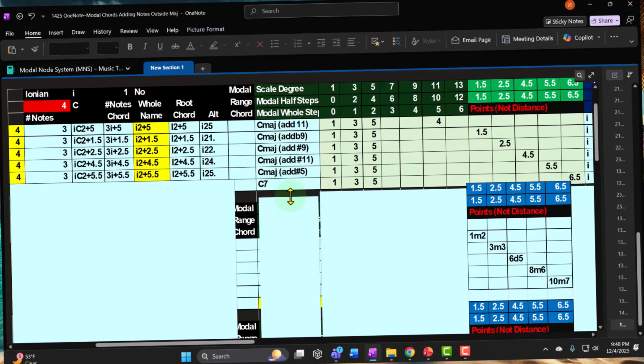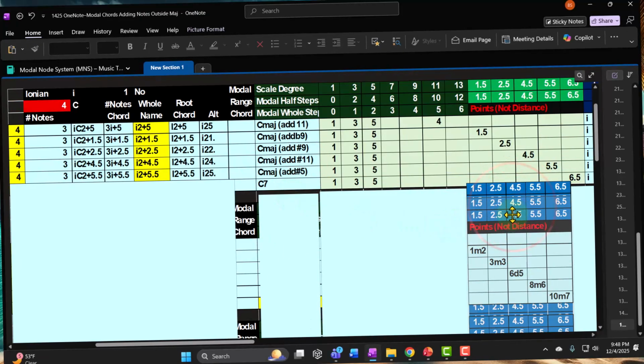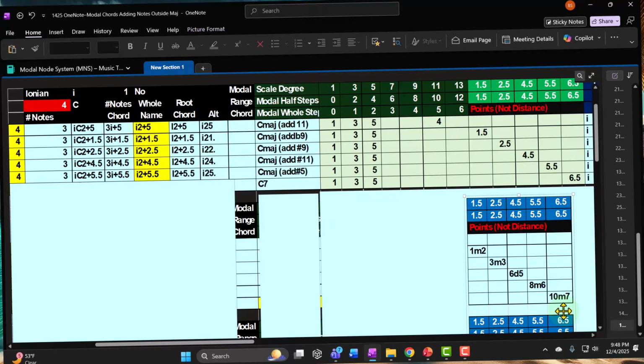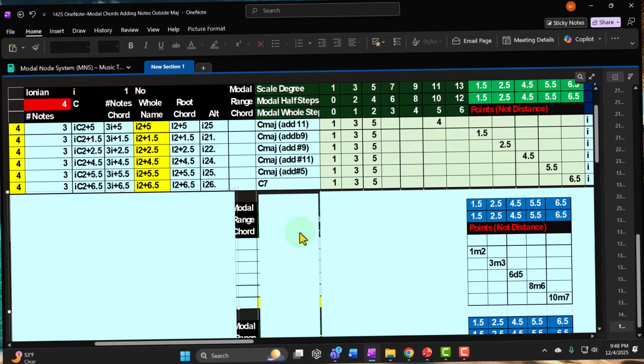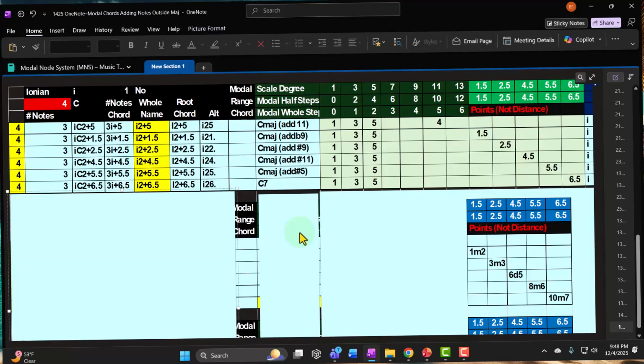All right, let's say lastly that we're going to add nodal point 6.5. So if we add nodal point 6.5, I believe that distance-wise would be a 10-note away distance, which typically is a minor 7. So now this gets funny, because if you were to do that off of the Ionian node, you end up with a distance that's a minor distance, which typically would force us out of the normal major naming convention to a Mixolydian type of naming convention, which would typically be a C7 instead of a C major 7.